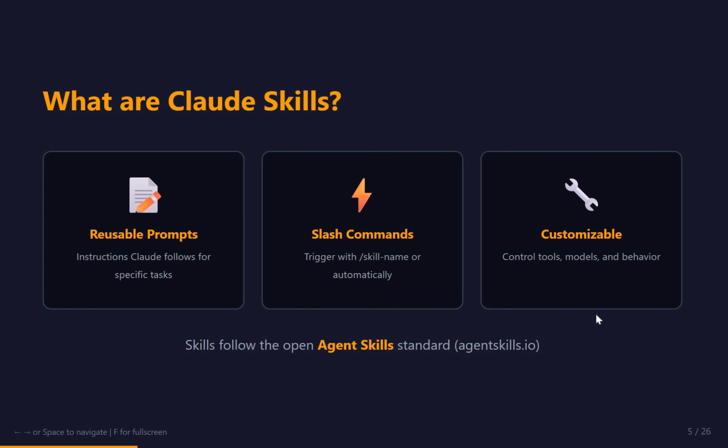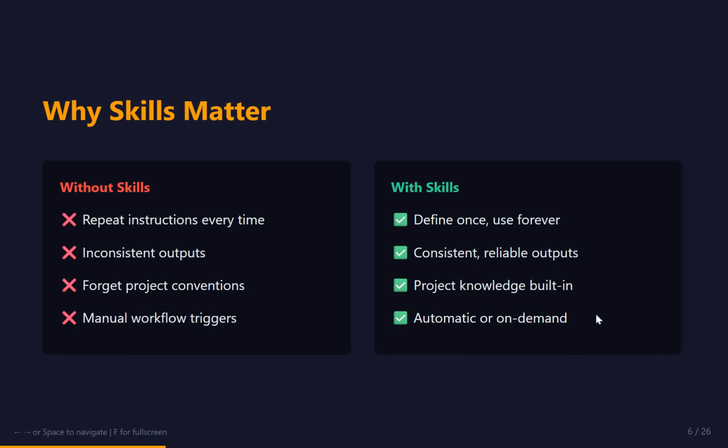Once you define the skills, you can run them automatically when we ask these kinds of questions or give the context, the AI will automatically understand, or you can run it manually using the skill name. It's completely customizable: control tools, models, behavior, everything. We will see in hands-on how it works and why skills matter.